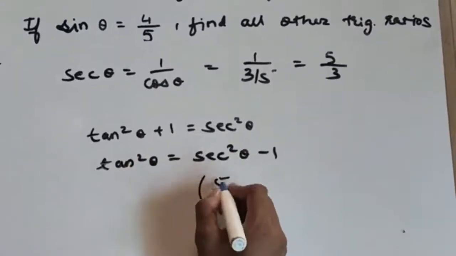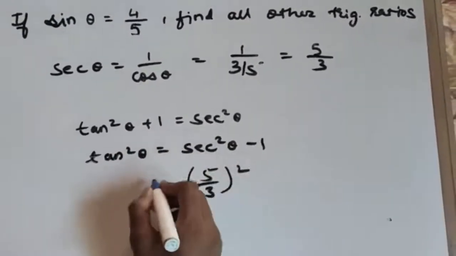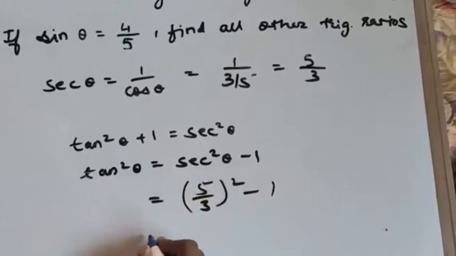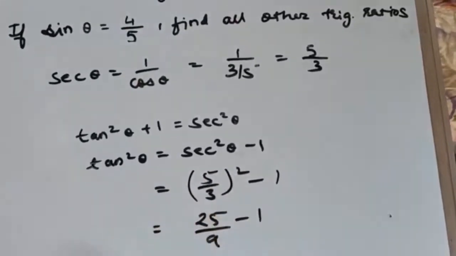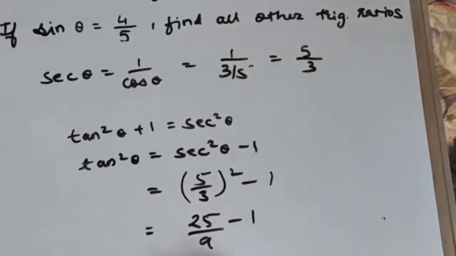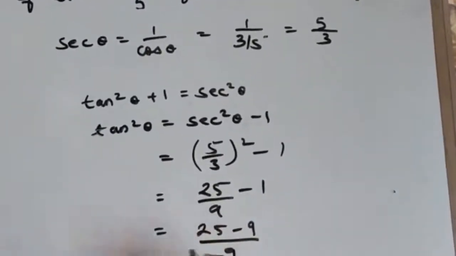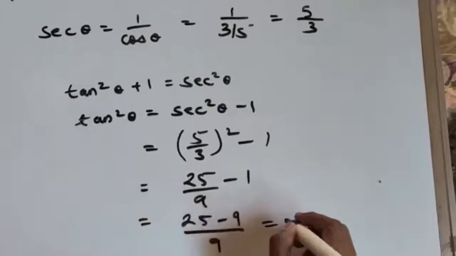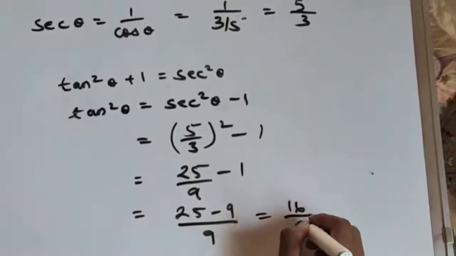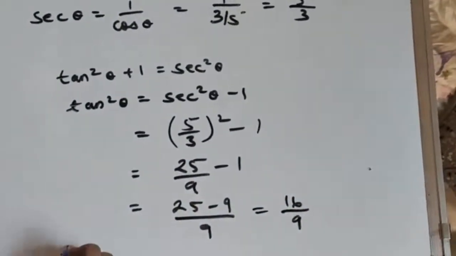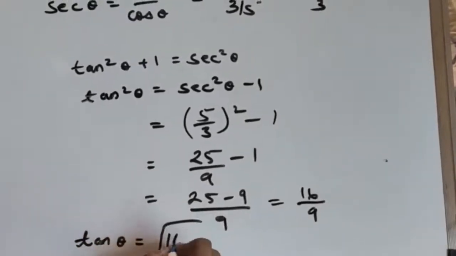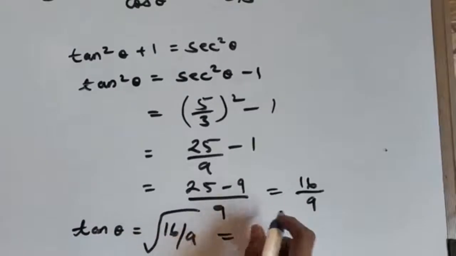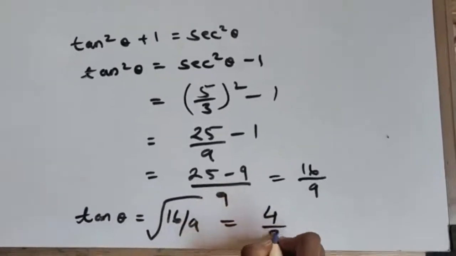The value of sec square theta is 5 by 3 whole square minus 1. So it will be 25 upon 9 minus 1, which is 25 minus 9 upon 9. So it will be 16 upon 9. So tan theta will be root over 16 upon 9, which is equal to 4 by 3.